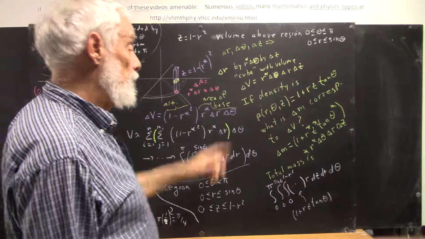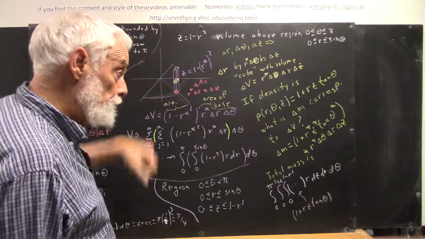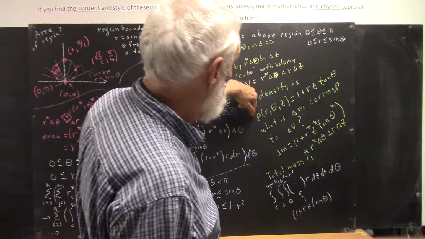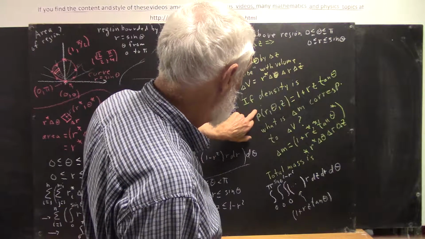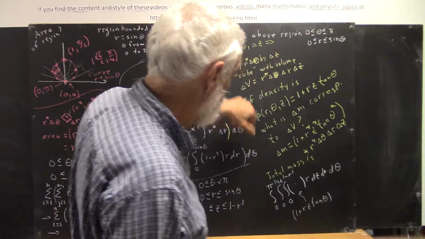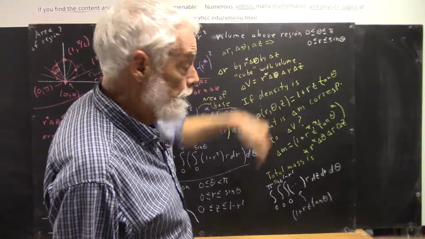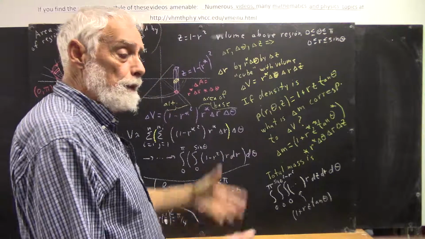Now, if the density of whatever fills this region is given by rho of r, theta, z, and it could be any function.